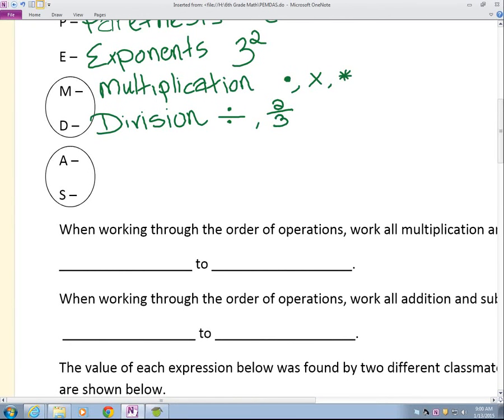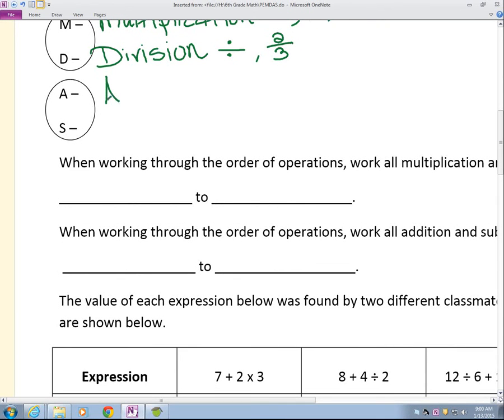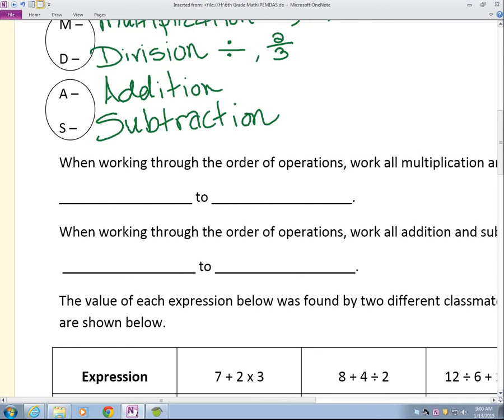Then we have addition, and then subtraction. Addition and subtraction.